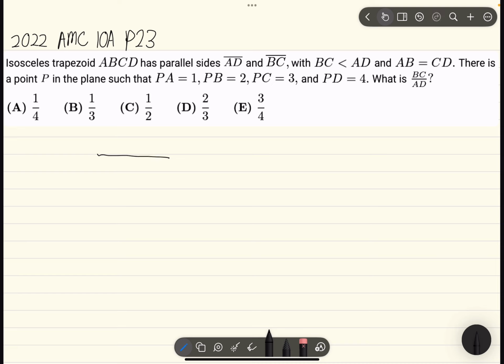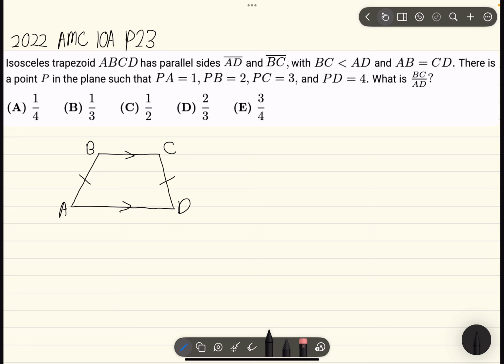So let's say that this is BC, and this is AD, right? So then AB and CD are equal, these sides are parallel.